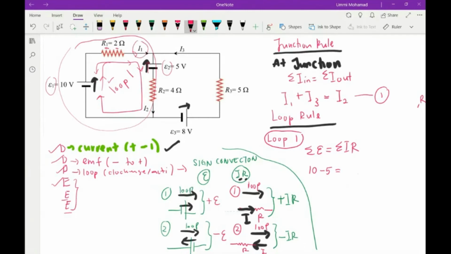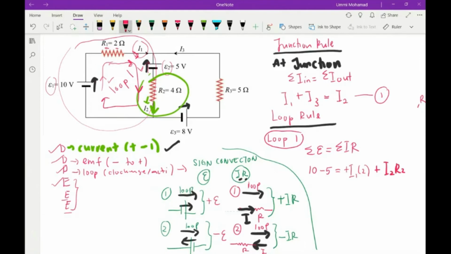The direction of I1 is to the right, and the direction of loop is also to the right, so it's going to be positive I1 times the resistance. Then the second resistor: the direction of current through it is I2 downward, and the direction of loop is also downward, so again it is positive. I2 flows through R2.